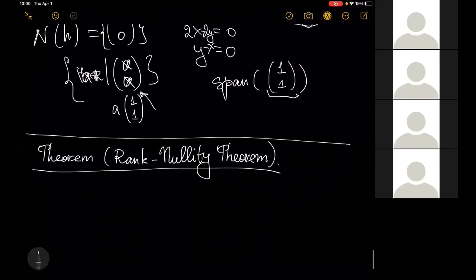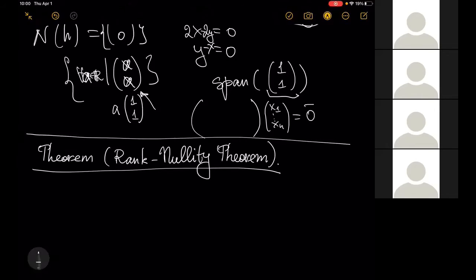What is the homogeneous equation? The coefficients matrix applied to x1, ..., xn equals the null vector, right?